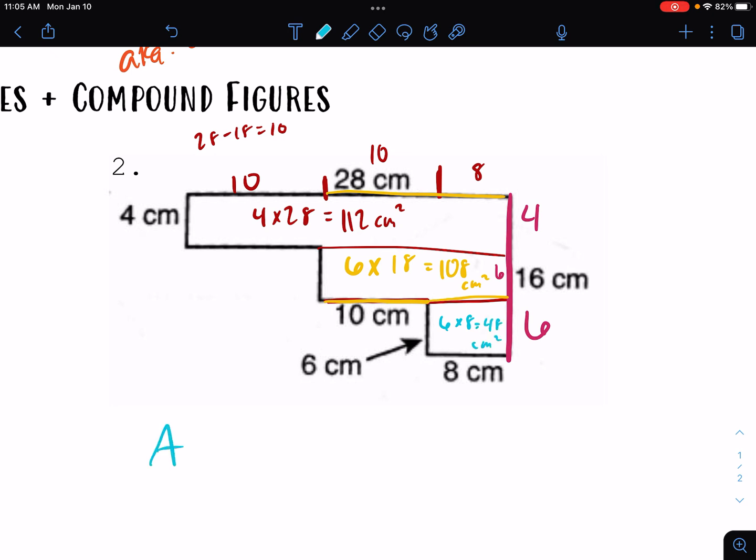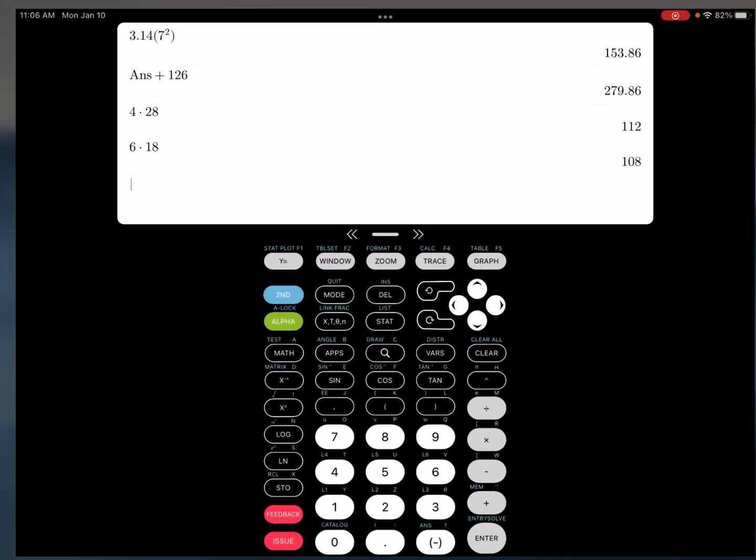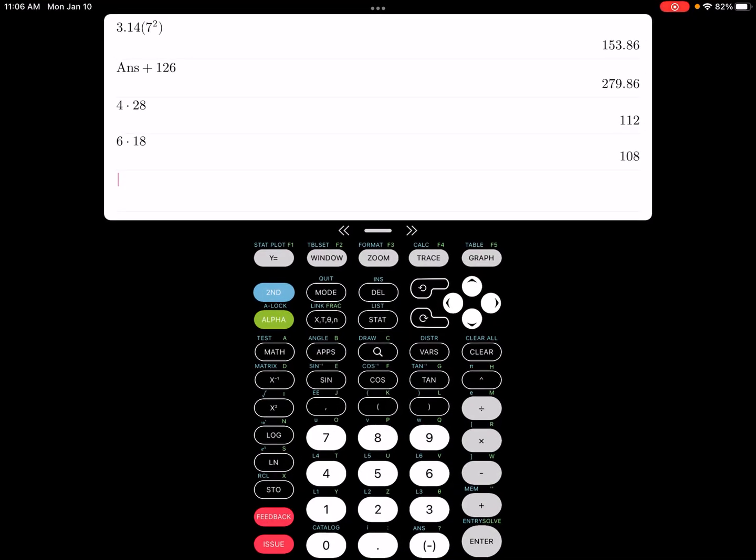Now to find the total area, we just add them all up. 112 plus 108 plus 48 is 268.